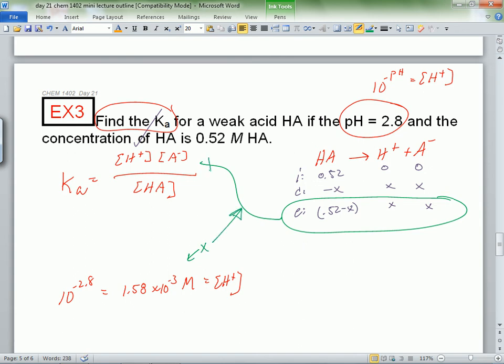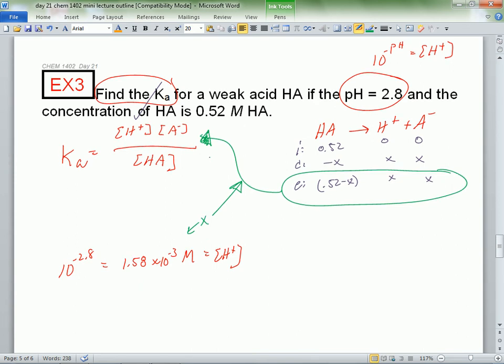Right? Substitute them all into here. You'll get your Ka. So for HA, you put in 0.52 minus X. Right? Oh, we already have H plus written down.